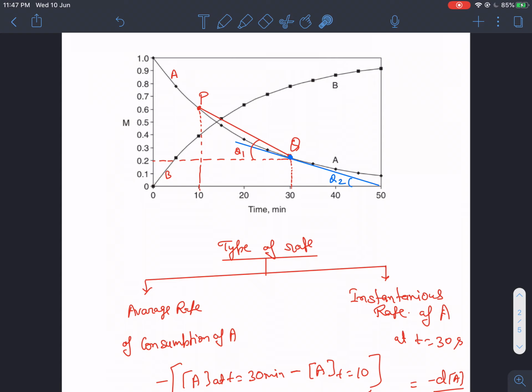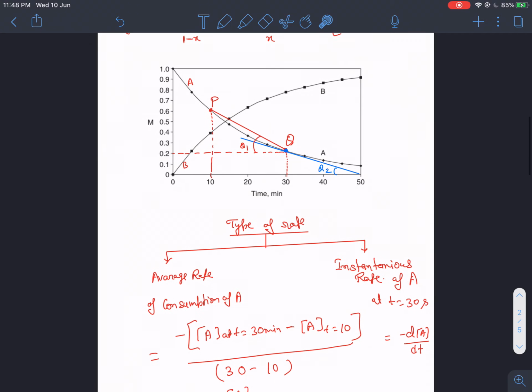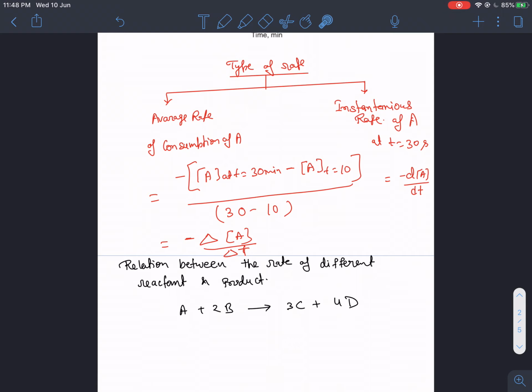Whereas if you talk about the instantaneous rate at T equal to 30 minutes, then the slope of this line, basically this tan theta 2, will tell us the instantaneous rate of consumption of A. Okay, so now we have understood what is average rate and what is instantaneous rate.